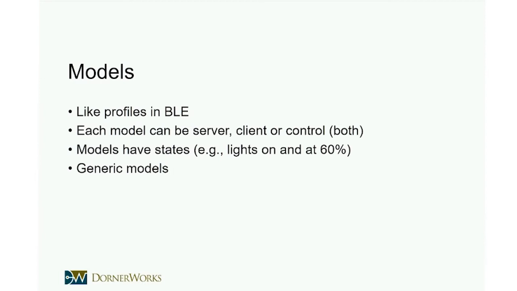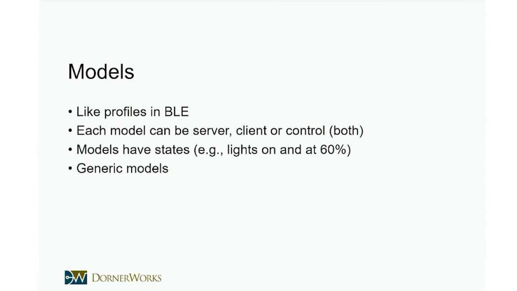Models. Models is another way that has really helped Bluetooth in general take hold, I guess. A lot of people have really liked the idea of a profile. And what they mean by a profile in standard BLE terms is that if you have a heart rate monitor profile, it doesn't matter what the hardware is.